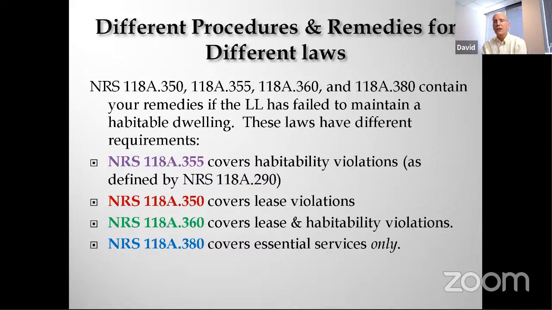We do have model forms that you can use on our website at nlslaw.net. At the end of this discussion, if you need those letters that you send to the landlord, we have copies of those on our website. We'll give you the link and help you address these problems with your landlord.